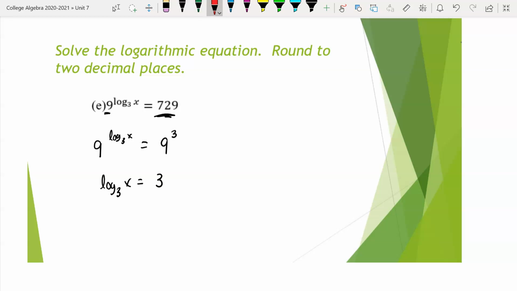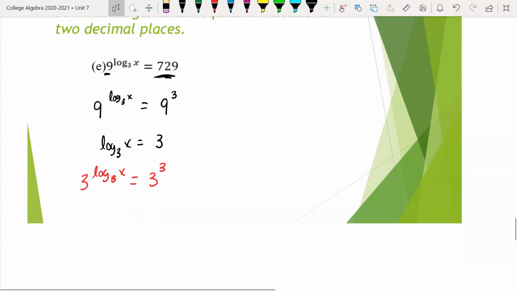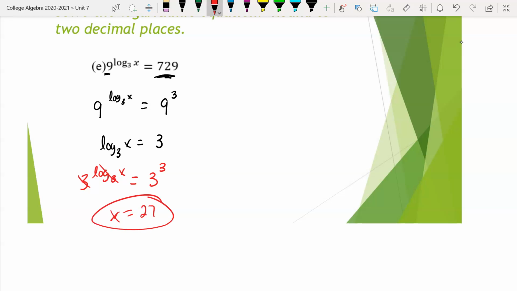And then what you can do is raise it to the base 3 as the exponent. We're just going to get these to cancel. So then I have x equals 27. So again, I took the base of the log and made it the base of the exponential equation. Same way over here. Made them both the bases. So then you can solve it.